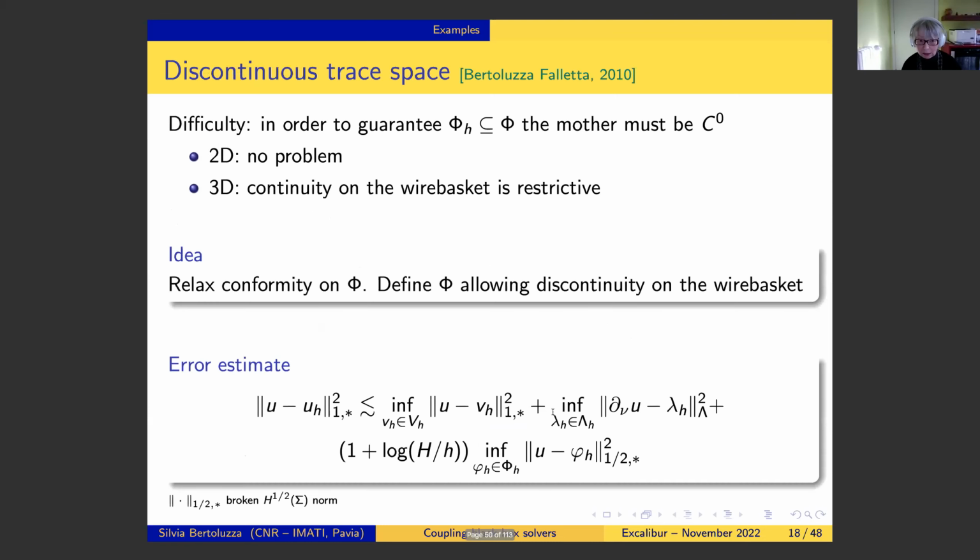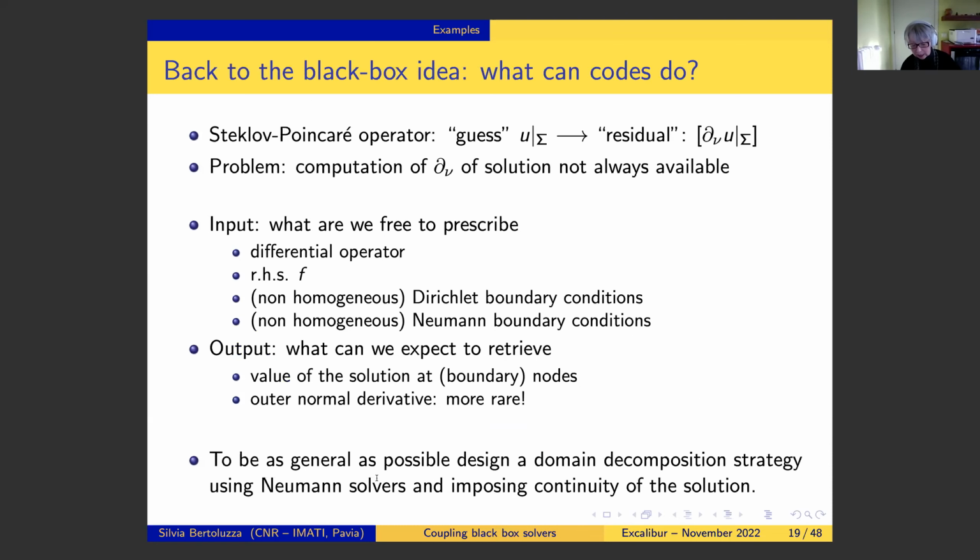In order to do that, I of course have to have a Babuška Dirichlet solver that has in output the Lagrange multiplier. More in general, if I want to use the trace of u as a guess, the residual that I will have to compute is the jump of the normal derivatives, which requires that my black box gives in output a stable approximation of the outer normal derivative. And this is not always available.